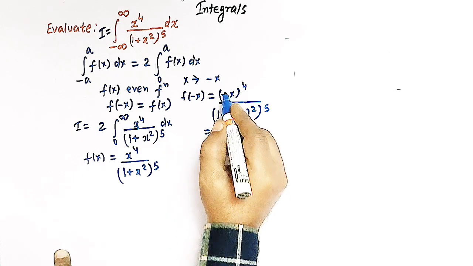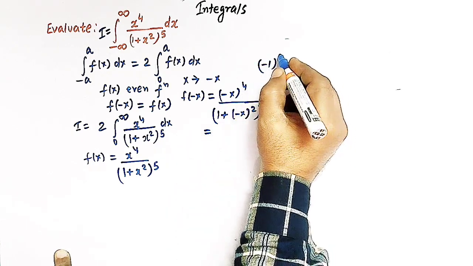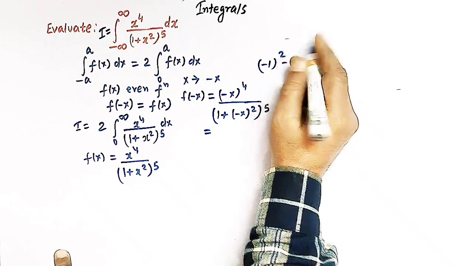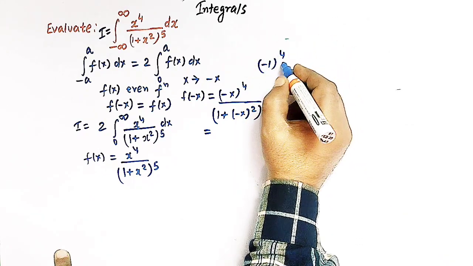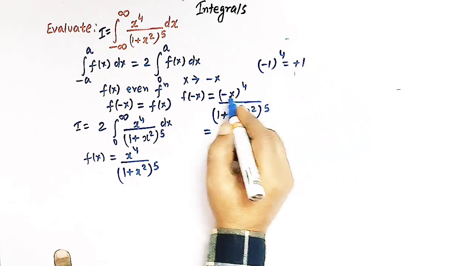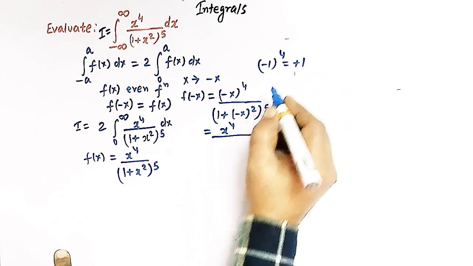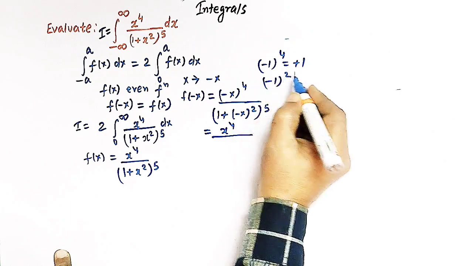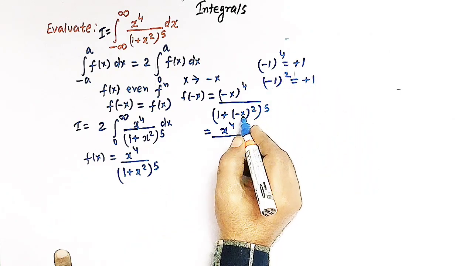Minus x raised to 4 is minus 1 raised to 4, which is plus 1, so we have simply x raised to 4, and minus x whole square is x square.